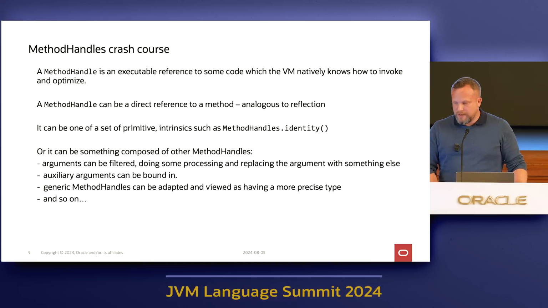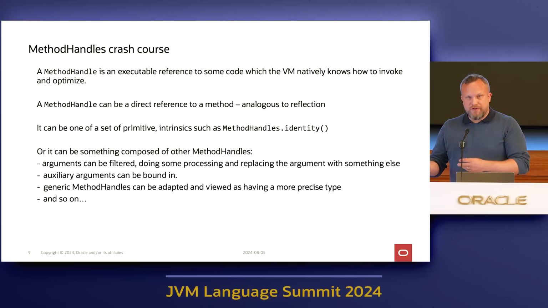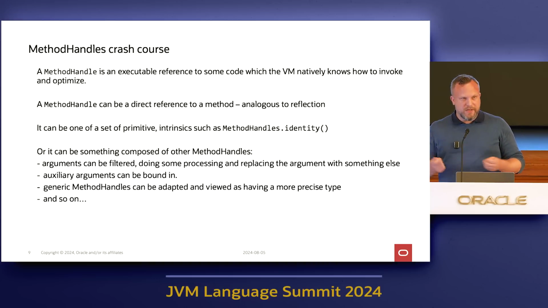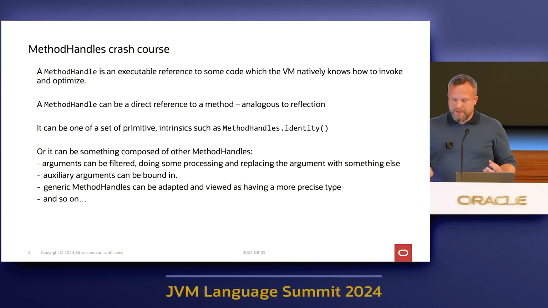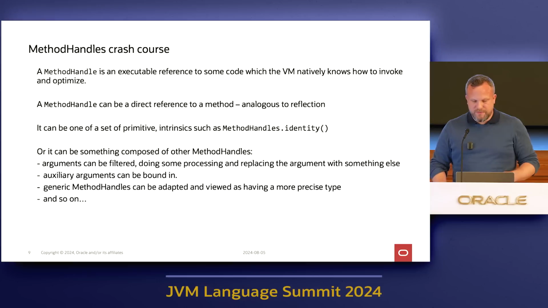And the method handle can be a very direct reference to a method, plain reflection, but it can also be either one of some primitive intrinsic method handles that are available in the method handles API, or it can be something that is composed of other method handles. You can filter arguments on a method handle by applying a filter, and then you get a new method handle that takes these two method handles.